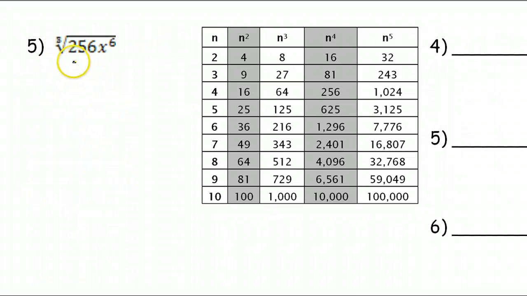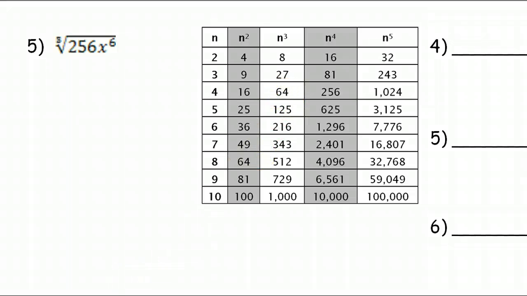Okay, how about number 5? We've got the cube root of 256. Now let's see, are we lucky enough that the 256 is on the cube list? No, we are not that lucky. So we need to find the biggest number possible that divides into 256. 125 is not going to work.